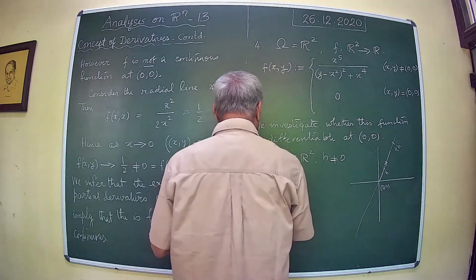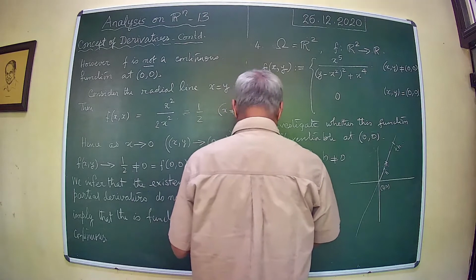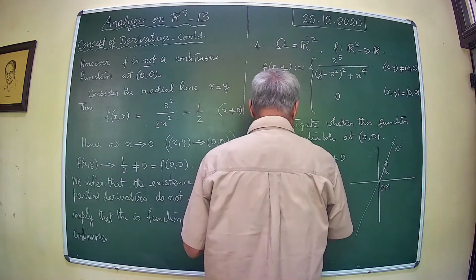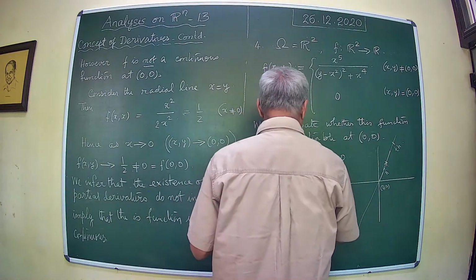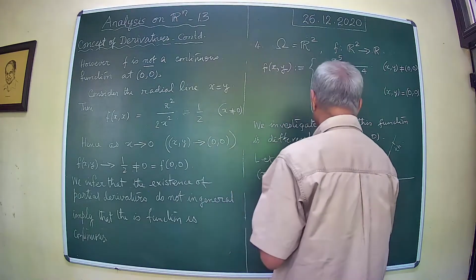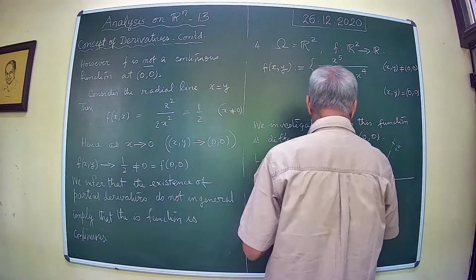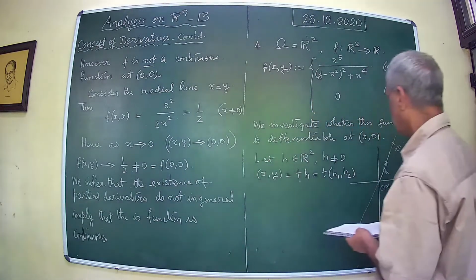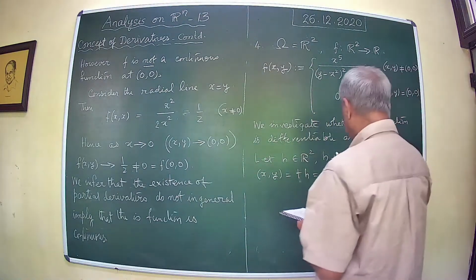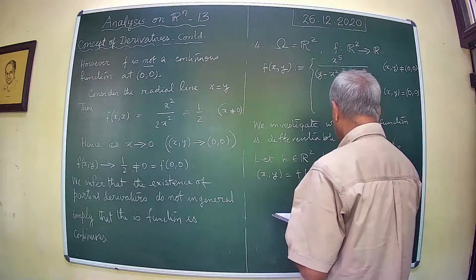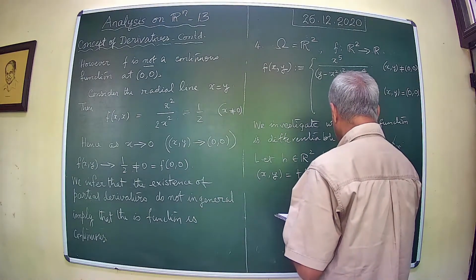Now consider x, y, h1, h2, where h is not equal to 0, so h1 square plus h2 square.